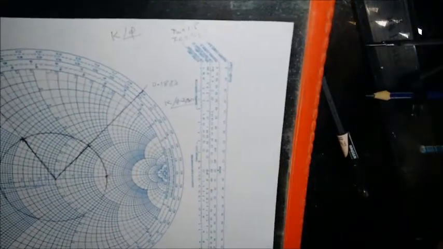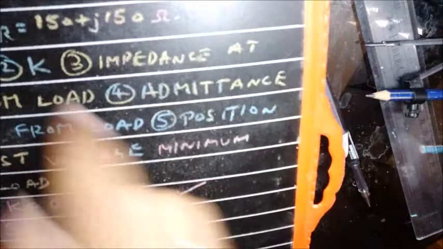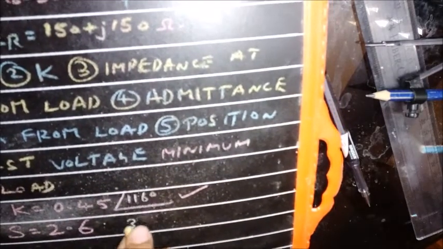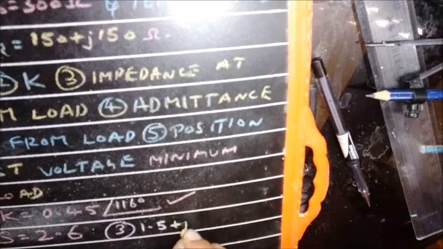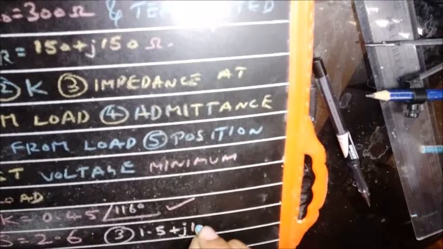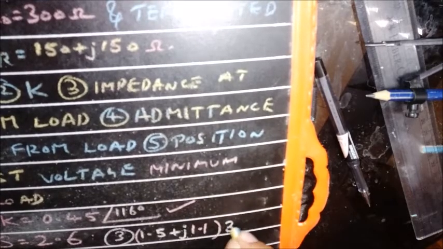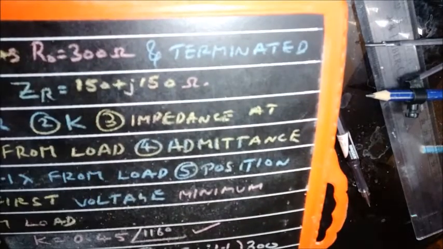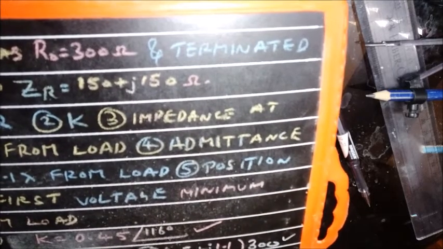So the impedance at 0.1 lambda from the load, that is the third part of the question, the answer is 1.5 plus j 1.1, that is normalized, into 300. 300 is the R0. So this becomes the answer to the third part.